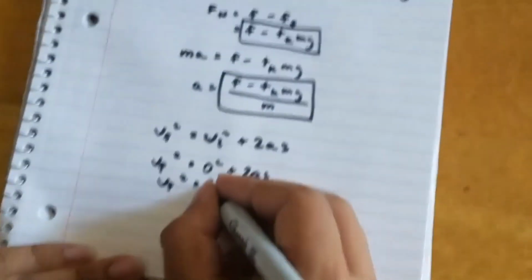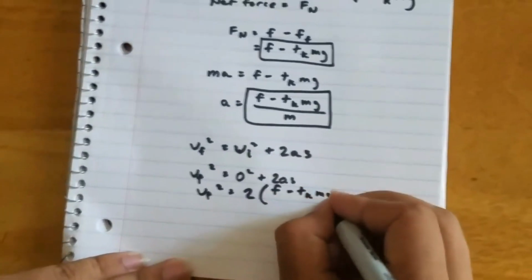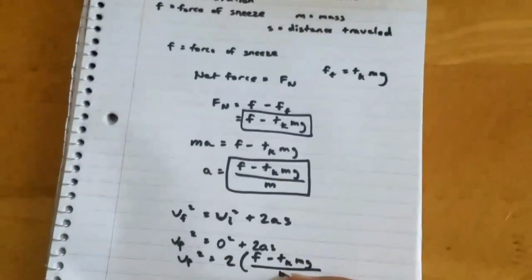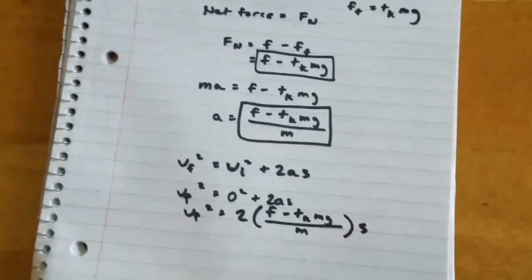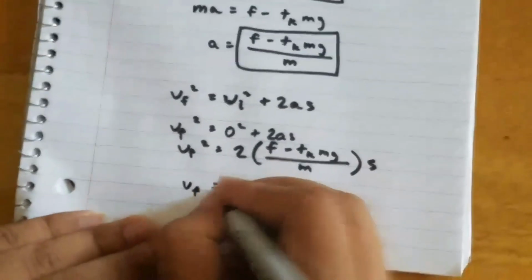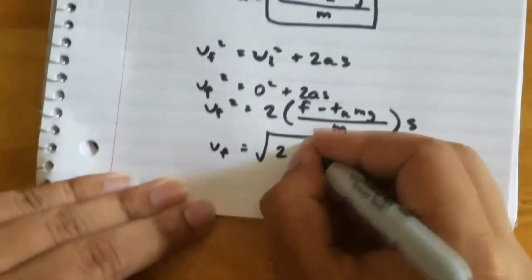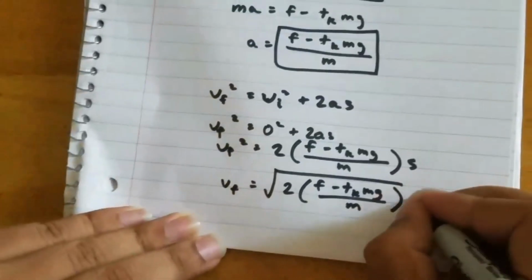So v initial is indeed 0, so that'll just be 0 squared plus 2as. And 2as would be represented by substituting acceleration in. So that'll be 2 times force minus the coefficient times m times g over m, all multiplied by the distance traveled, which we can measure by just using a ruler. Then you just square root everything, and that'll be your final velocity of the jar of peanut butter.